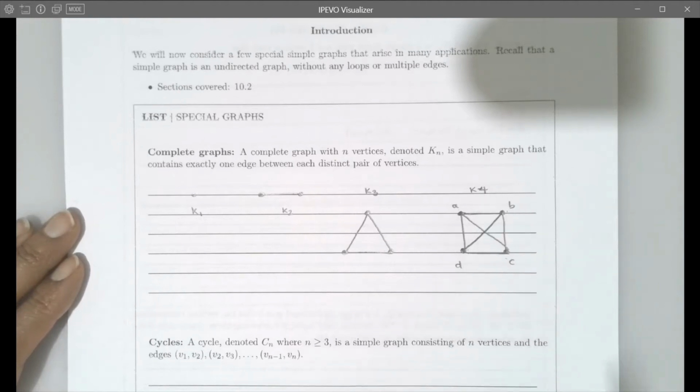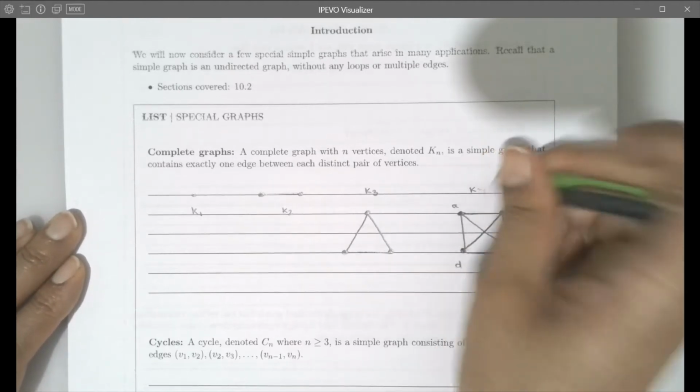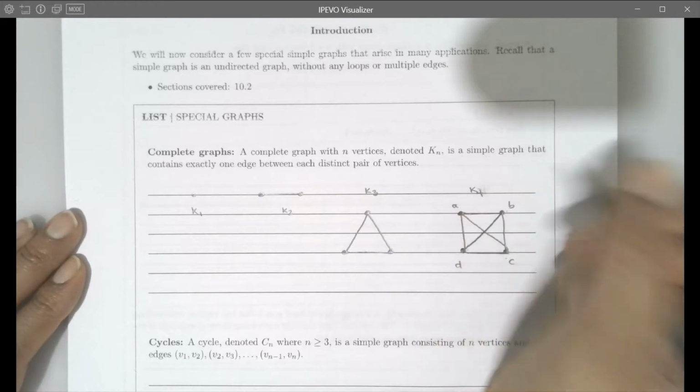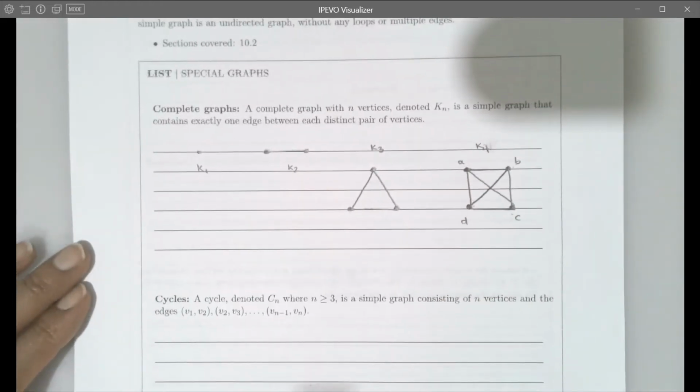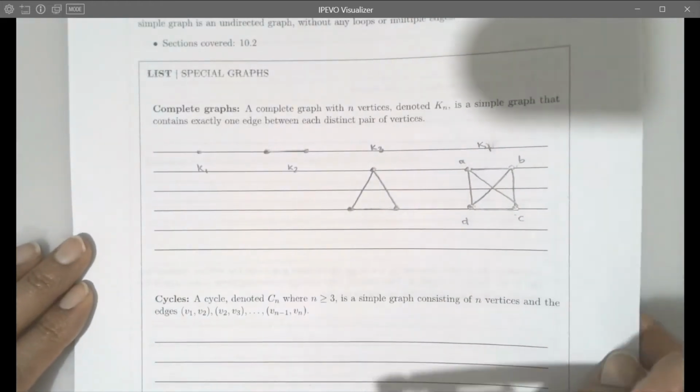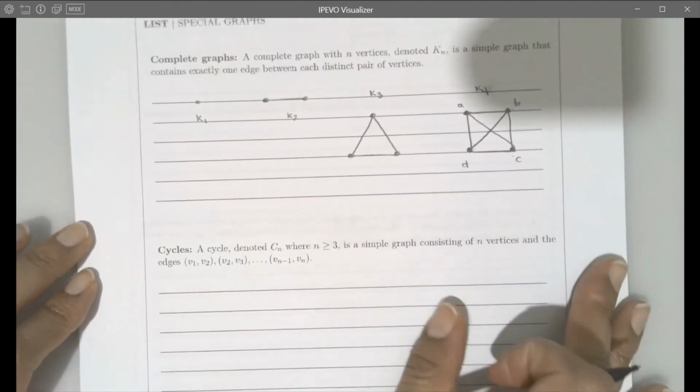So that would be the graph of K4. And we would just repeat that process for any integer greater than that, any given number of nodes.